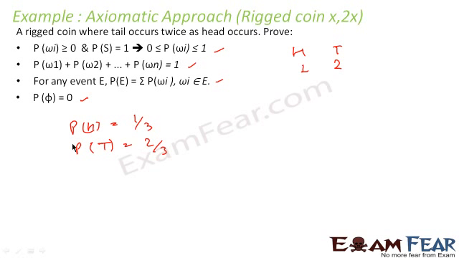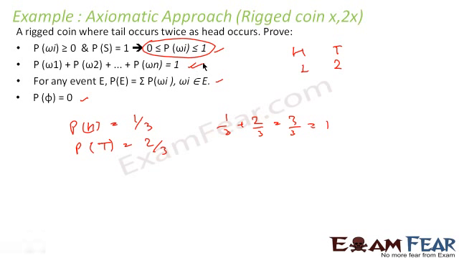We observe that these two values are greater than 0 and less than 1, so this is proved. Also, when we add these, 1 by 3 plus 2 by 3 is 3 by 3, which is equal to 1. So this is also proved.